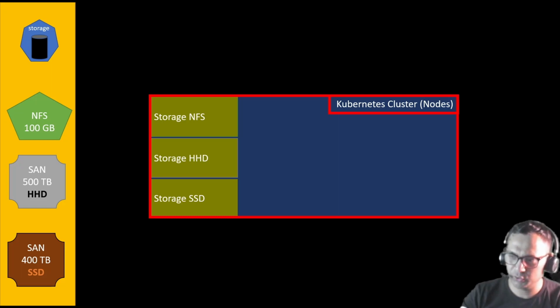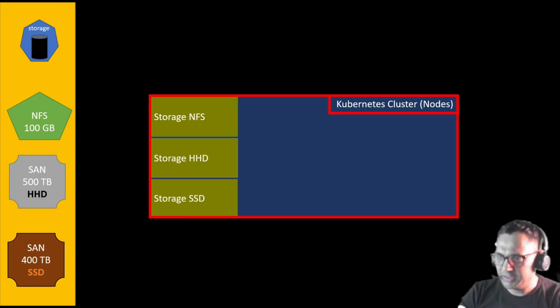So we can put an ISO image or backup here, and some file system sharing we can do with the help of NFS servers, right? So in my Kubernetes cluster, the Kubernetes administrator has already created the storage classes for us. One is for NFS, one is for HDD, and one is for SSD. Please bear in mind that the storage class object is shareable, so one storage class can be shared between multiple PVs.